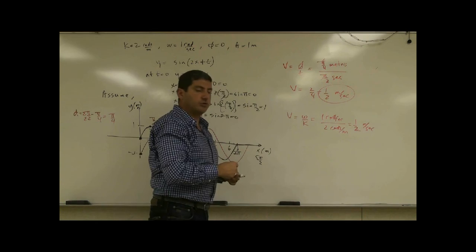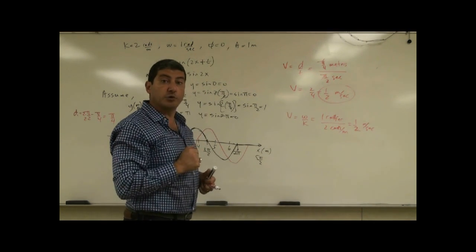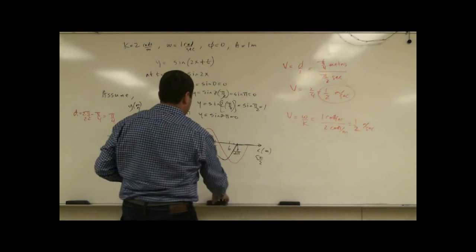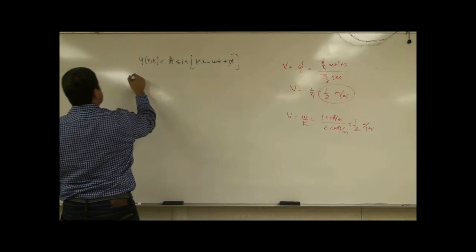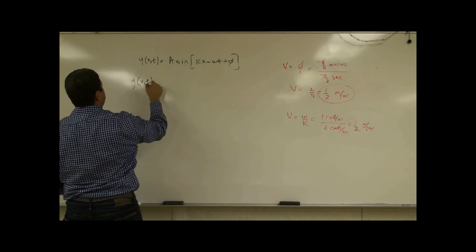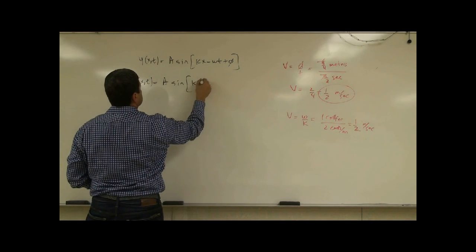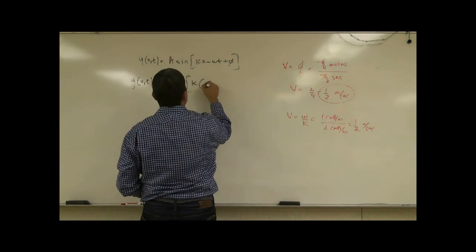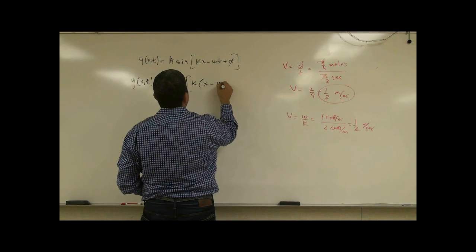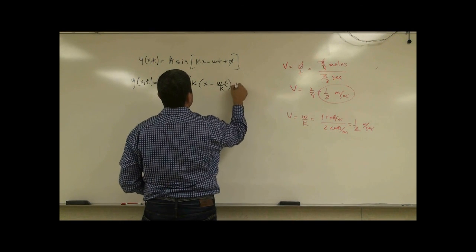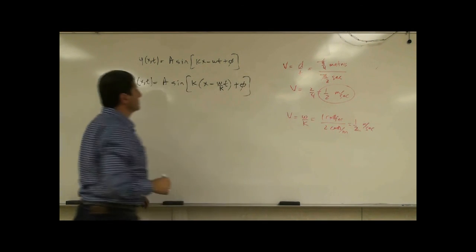Okay? So we can go back to our general equation of a wave. We can rewrite this way. We can factor out the k from here and then write x minus omega over k t plus phi, right?